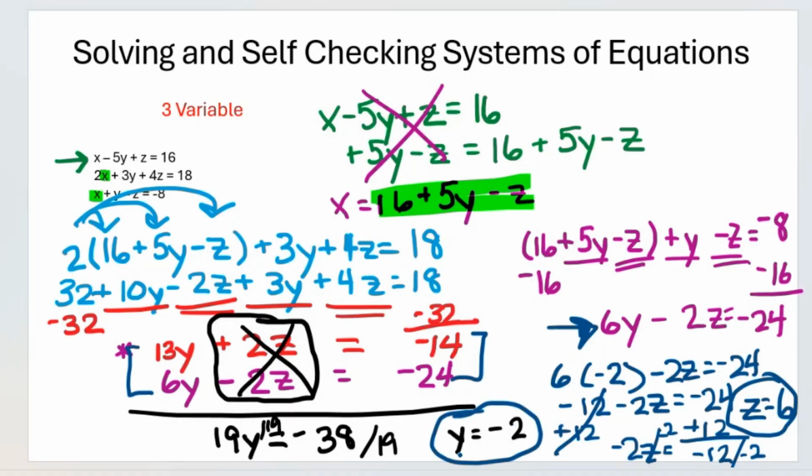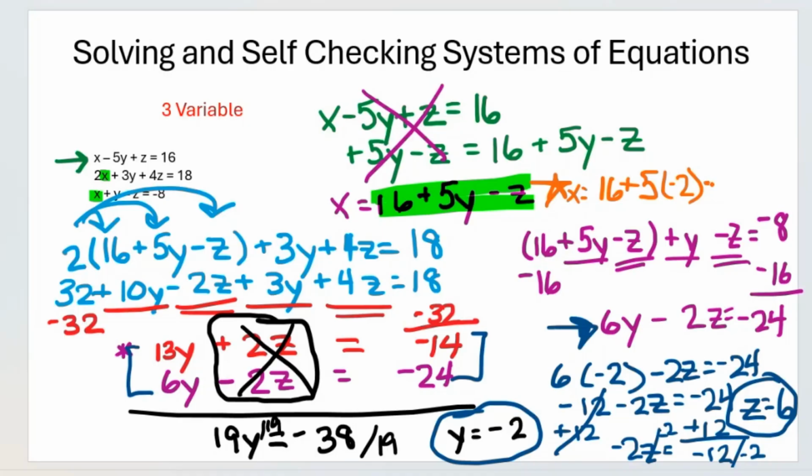All right, so I'm going to circle those pieces. I know y, I know z, and now that I have that, I can solve for x. And we're going to come all the way back up here. And I'm just going to put y and z's value in. So x equals 16 plus 5 times y. We said that's negative 2.